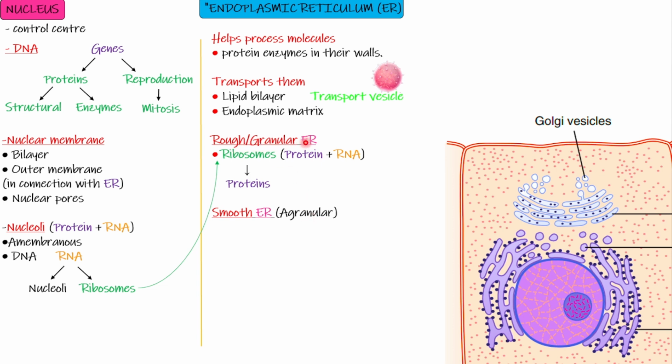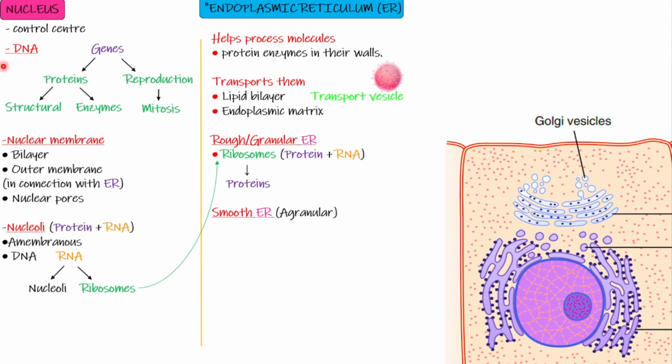Now, what is the function of rough endoplasmic reticulum? It's pretty simple. It has ribosomes on its surface, and it is involved in protein formation. The ribosome is made up of protein and RNA, just like the nucleoli.